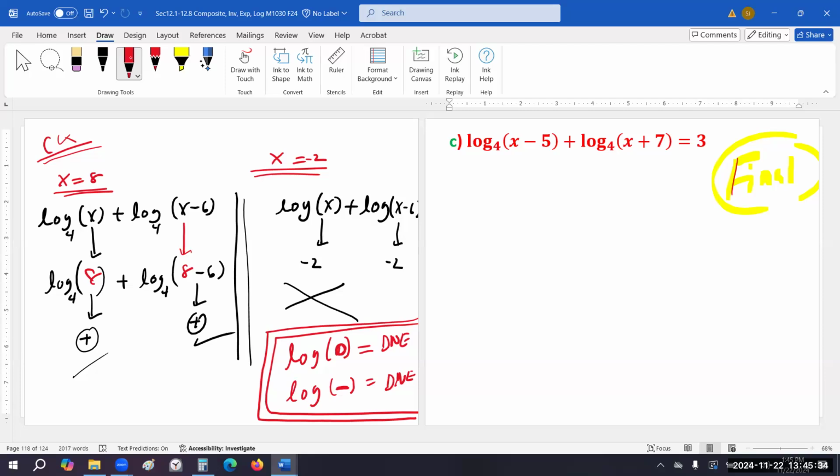The first thing we did today, the second thing we did. Here you have many logs to combine them based on their sign. If they're plus, we multiply them. If they're minus, we divide them. We have two logs joined by a plus sign, so you can combine them into one log, and we multiply their arguments.